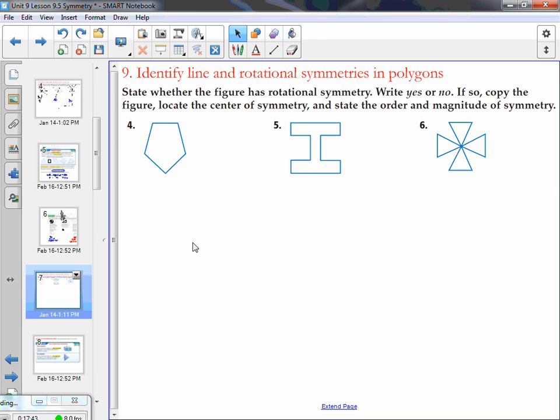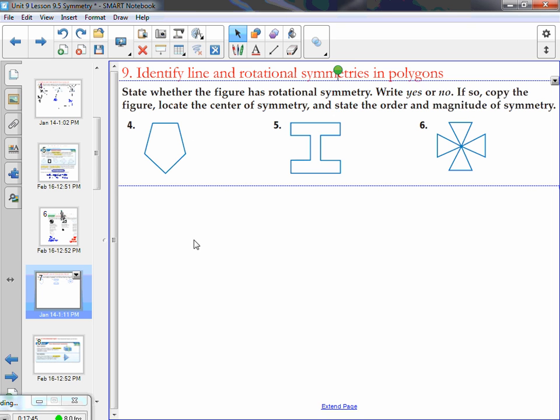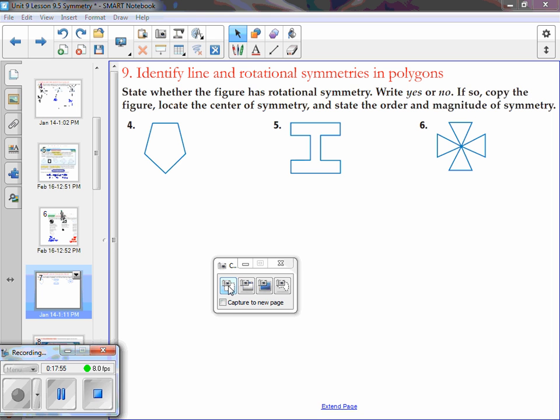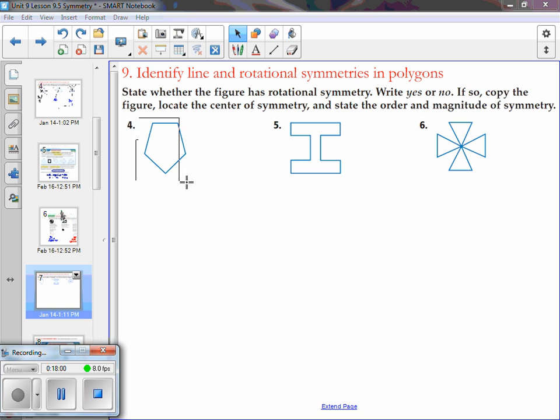So for number 4, let's see, I didn't make these easily rotatable here. Where's my camera going? So let me capture this.